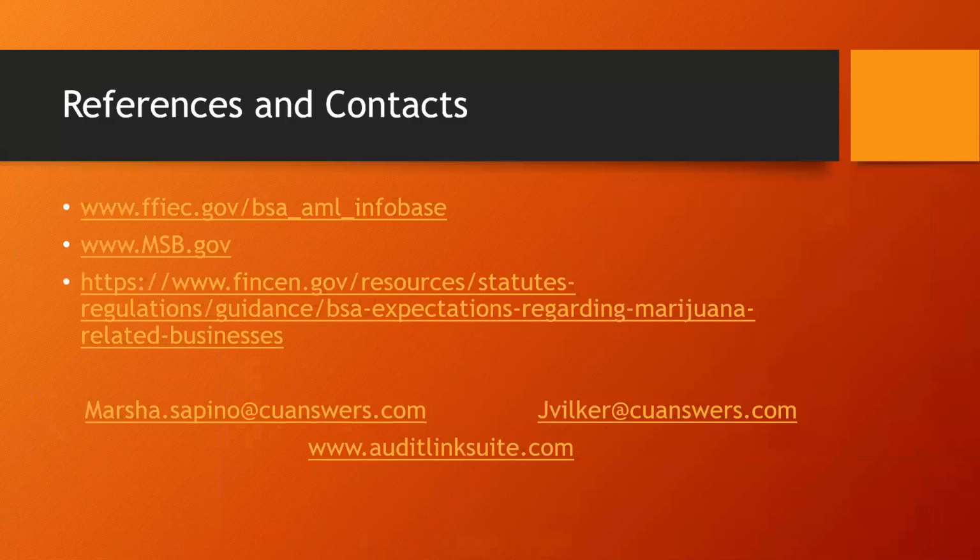Abnormal activity monitoring is going to be one of CU Answers' largest investments in 2019, where we are going to develop additional rules. We are going to run it automatically on a frequency of potentially daily. We are going to automatically create alerts for you to work, much like your BSA log.